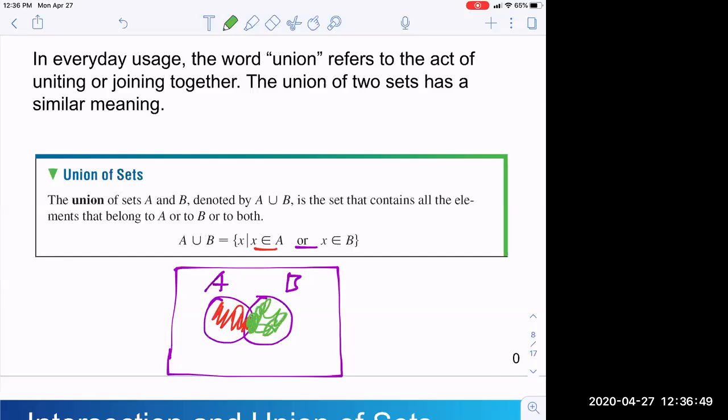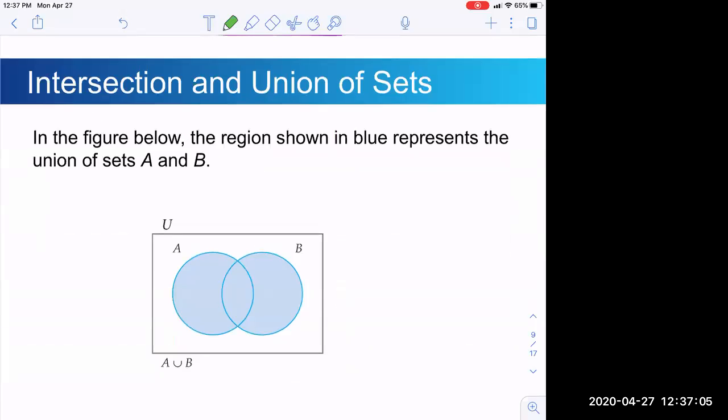Basically, it gives us everything that's in the two sets. This is only in A, only in B, or both, right there. And there it is.